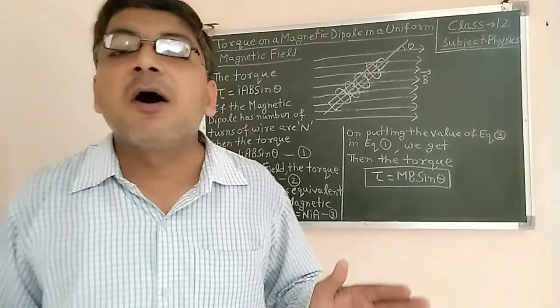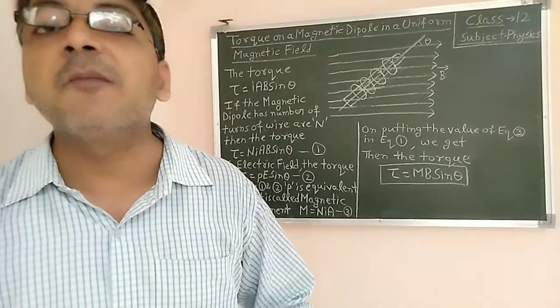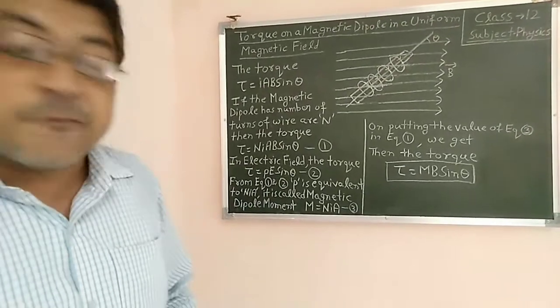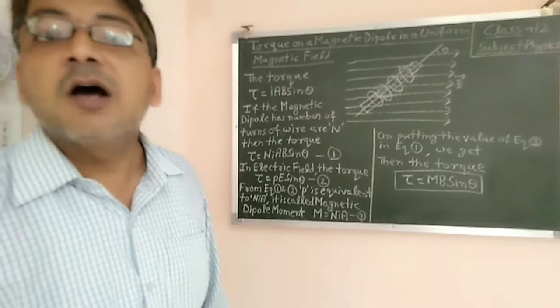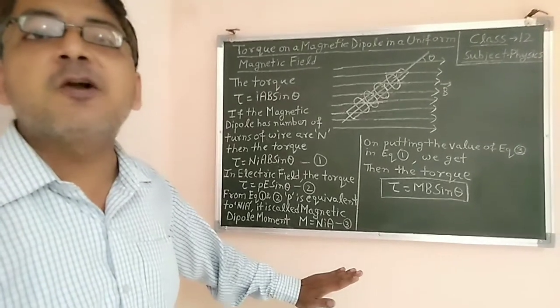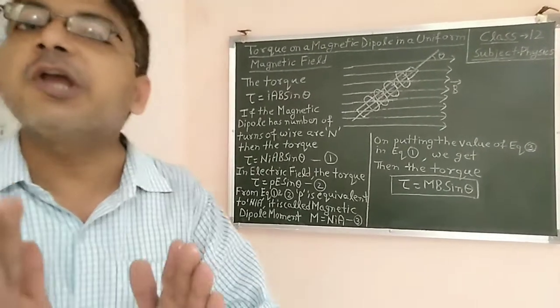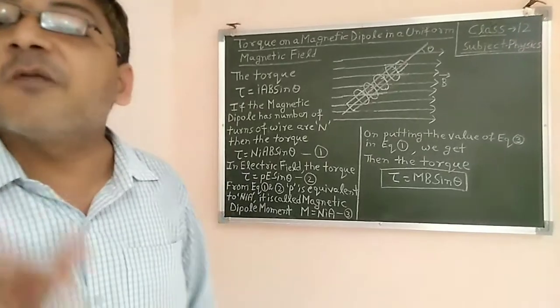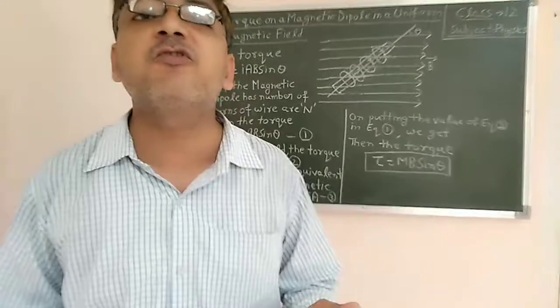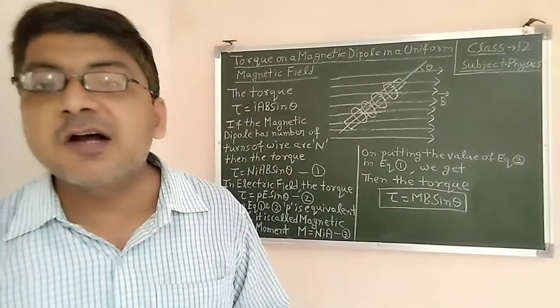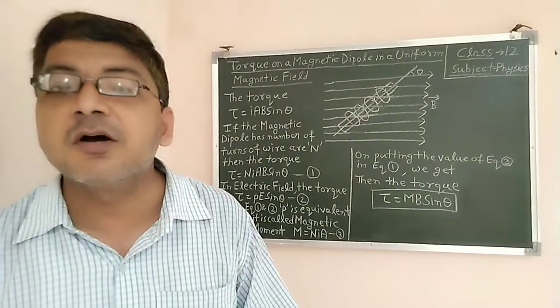I tell you what the magnetic dipole moment is. If the value of N is 1, the formula is M equals I into A, where I is the current and A is the area.